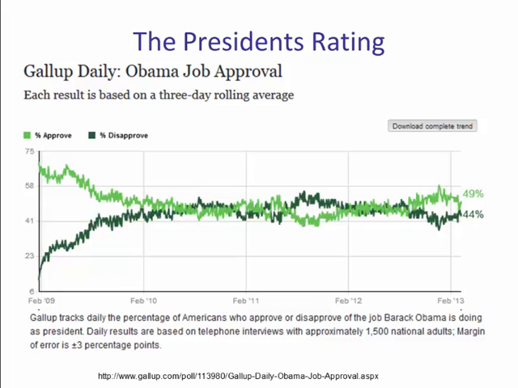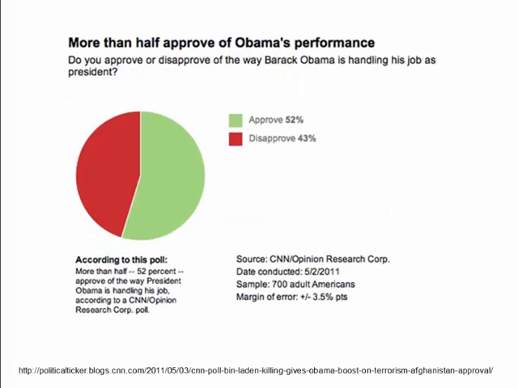So we're going to use this p hat along with the margin of error to estimate the population percentage who approve of the job Obama is doing as president. Here's another poll. This is by CNN. The sample was 700. Again, here we have a p hat for approve and a p hat for disapprove, and they also include a margin of error. So this is a p hat, and if we include our margin of error, that is what is going to make a confidence interval.